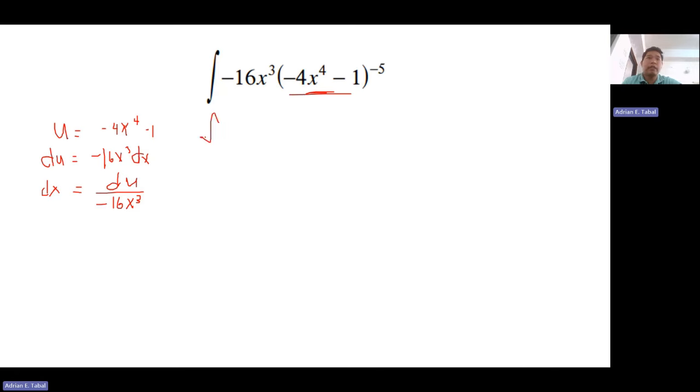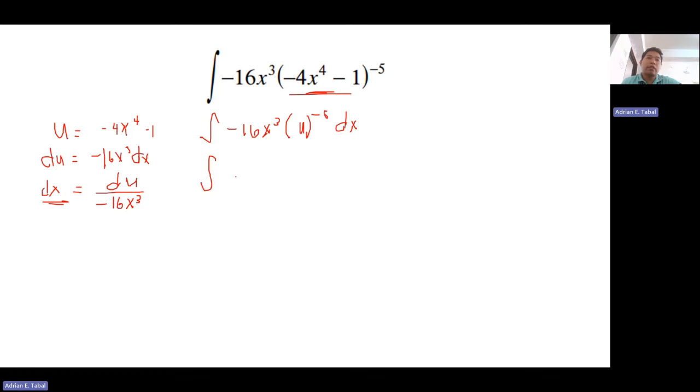We have the integral of negative 16x cubed multiplied by u raised to negative 5 dx. We have the value of our dx already, which is du over negative 16x raised to 3.